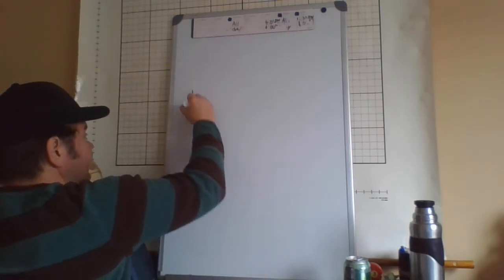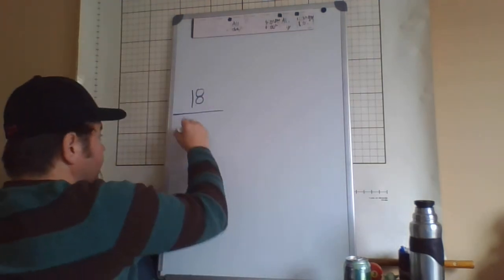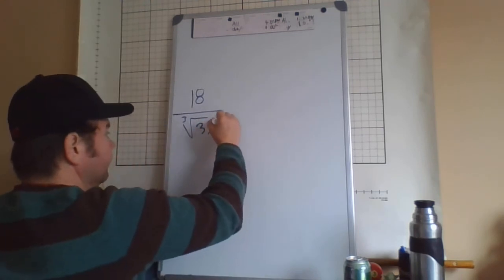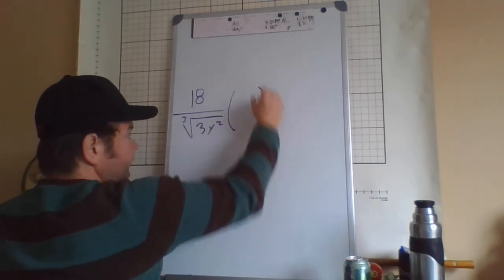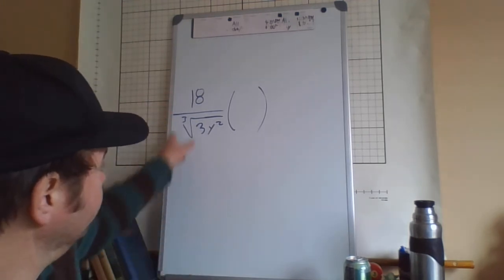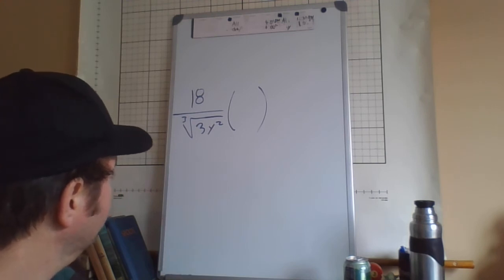This last one says 18 over the cubed root of 3y squared. Okay, so we know we're going to have to multiply numerator and denominator by something to take care of this cube root in the denominator.